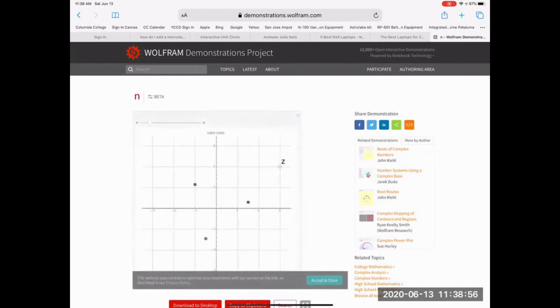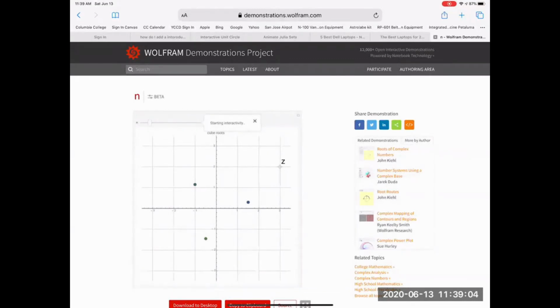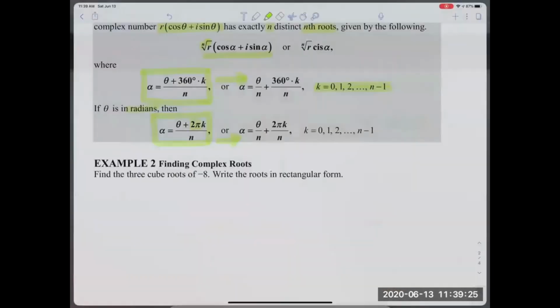But if I want to manually move this n to increase the number, it says start interactively, and it doesn't actually start. I tried several times, but you can play this on a computer. You can search for Wolfram demonstration project and then plug in the nth root, and you will see what is happening. Essentially, you can have 3 roots, 5 roots, 9 roots, whatever it is, and they will show you on the screen how they look. So it's kind of nifty to see that.